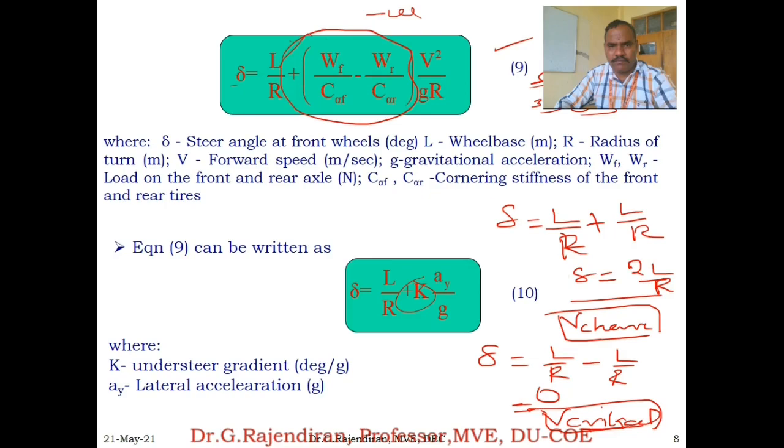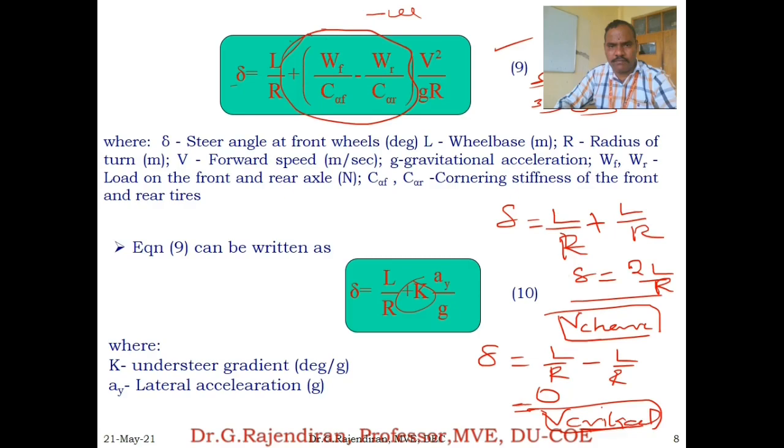Next behavior. When the vehicle is taking a turn, the radius of turn is constant, so the driver has to keep the steering wheel in a fixed position. That is the first case.